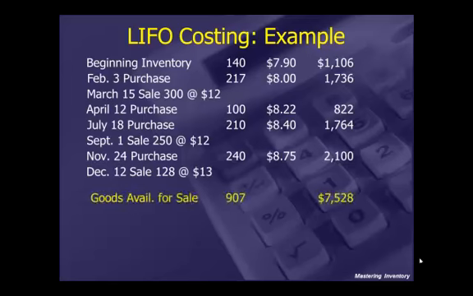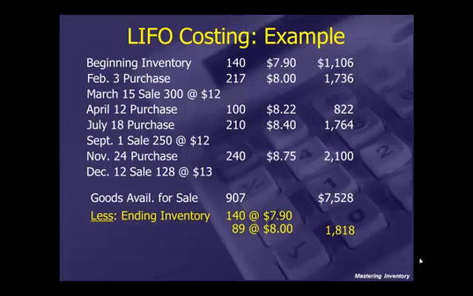The goods available for sale are still 907 for $7,528. The ending inventory, we'll take the 140 at $790. We need 89 from the February 3rd purchase at $8. So that's a total of $1,818. The cost of goods sold then is $5,710.